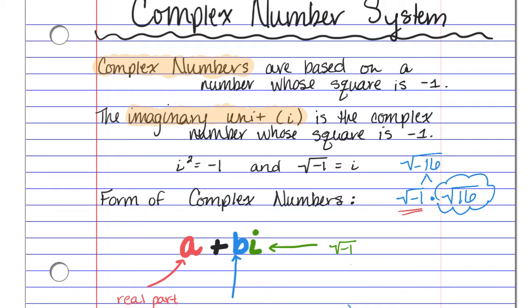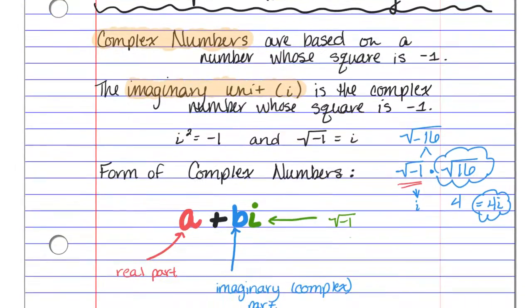But now that I have 16 by itself, I can break that down. So the square root of 16 is 4, and the square root of -1 is replaced with the letter i. So I have a total value of 4i. So the square root of -16 is 4i. That's kind of how that i comes into play, and why that square root of -1 is very important to separate out from the rest of your values.